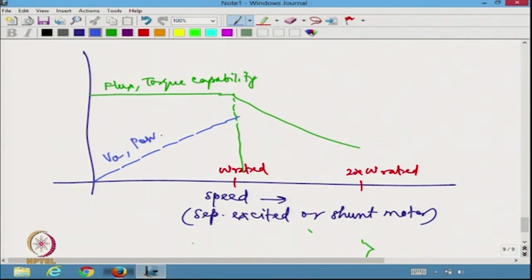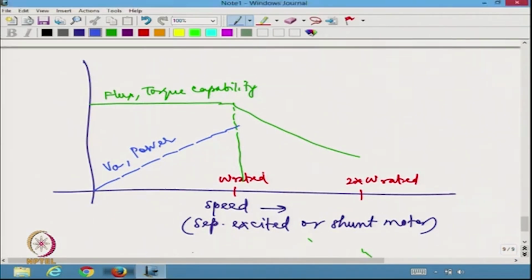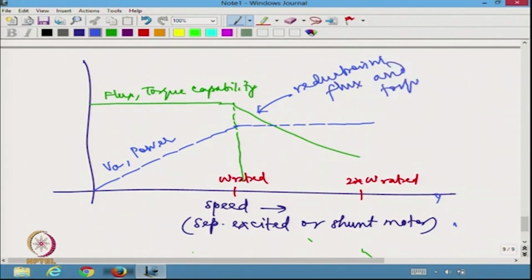Along with this I can plot power also. So, the power will also rise slowly because it is torque multiplied by omega. Now, the power will almost remain as a constant here. The voltage will also remain as a constant, but there will be the reduction in flux and torque. Both are specified with the help of this.